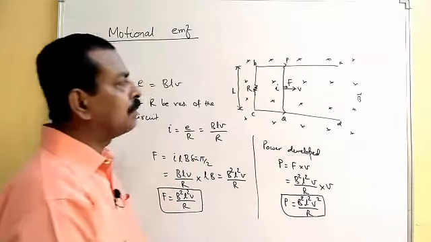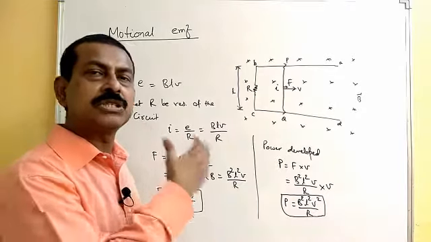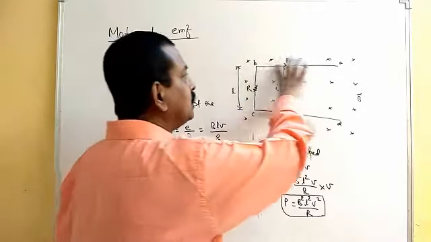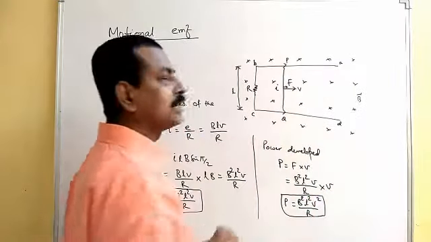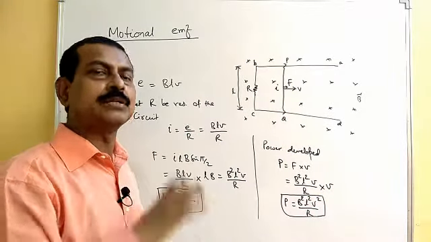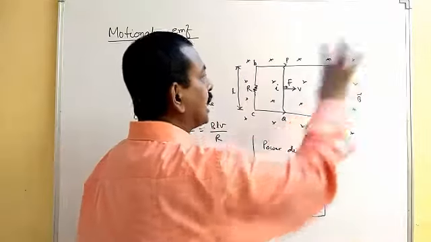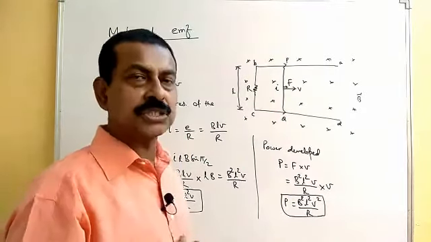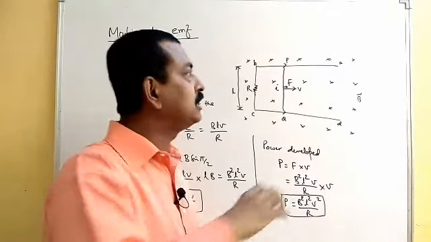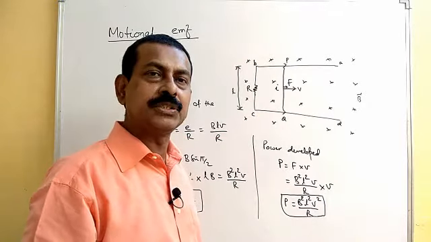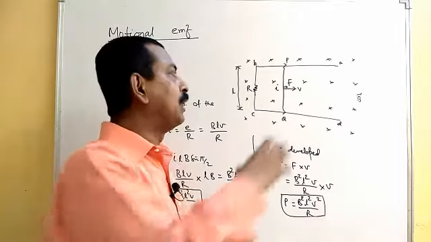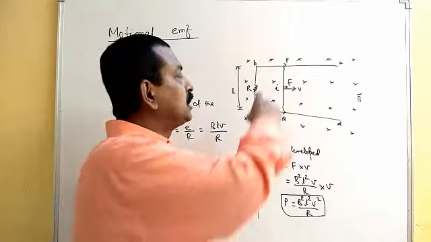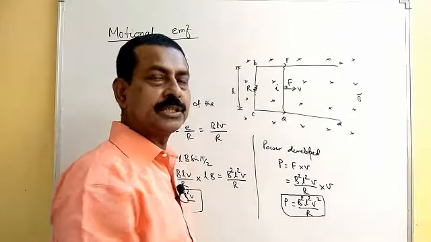There can be a number of variations in this type of question. So far we have assumed that these parallel tracks do not have any resistance. They are just conducting tracks which do not have any resistance. But if I assume that these parallel tracks have some resistance, in that case we'll have to consider the expression for the resistance which is now there in the closed circuit.